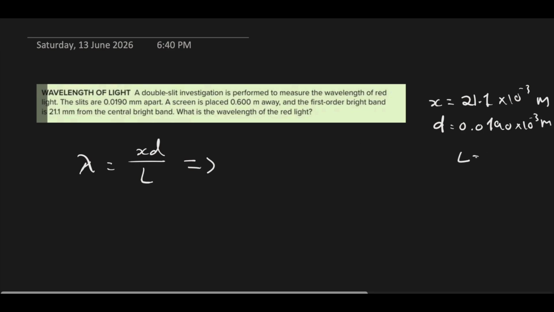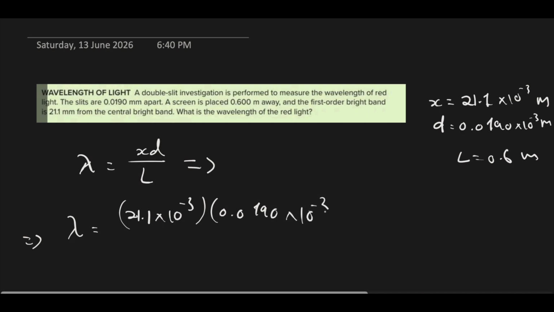And then L is 0.6 meters. So let's substitute. Lambda is going to be 21.1 times 10 to the power of negative 3 multiplied by d, 0.0190 times 10 to the power of negative 3, divided by L, which is 0.6.